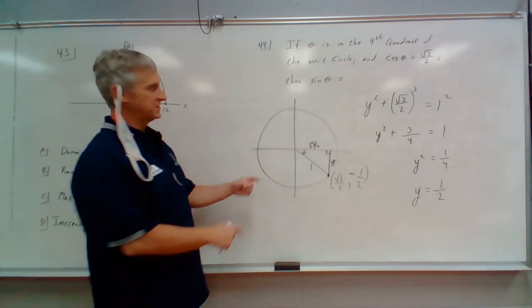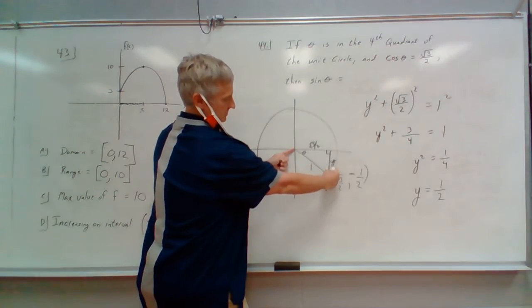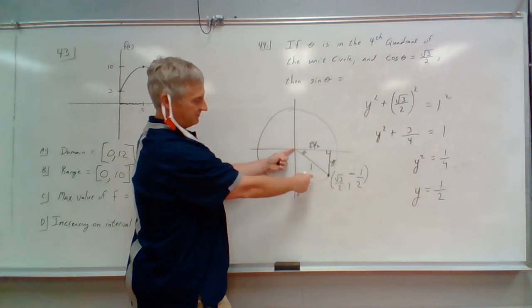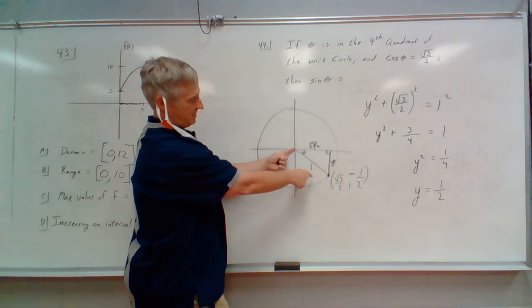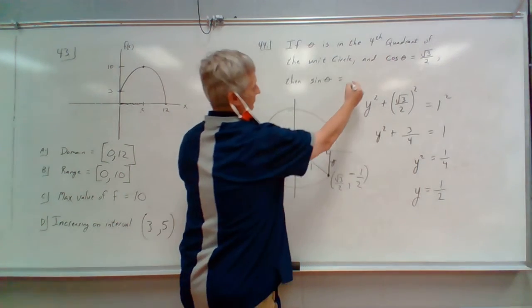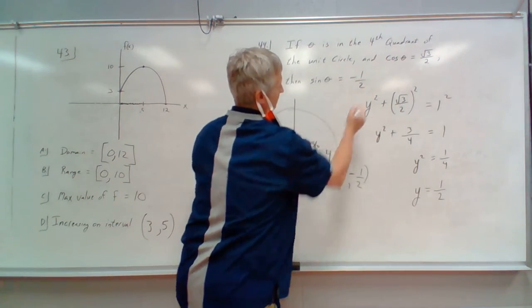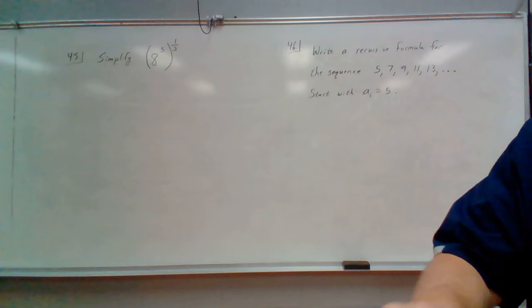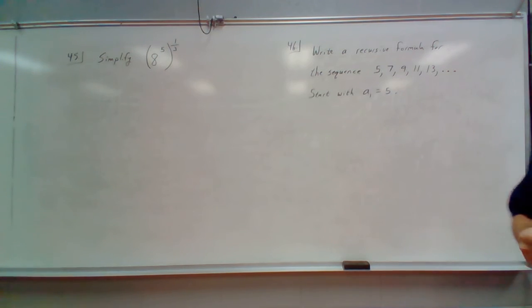So sine is opposite over hypotenuse. If the opposite side is negative 1/2 and the hypotenuse is 1, that'd be negative 1/2 over 1. So my final answer would be negative 1/2. All right, try these two.